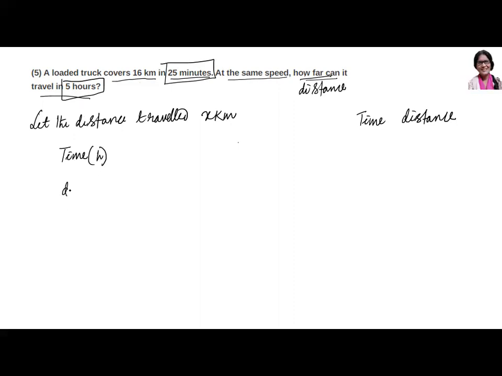Next is distance in kilometers. If you notice, the first is in minutes, so I have to convert into hours by dividing by 60. And here the distance traveled is 16, and here the time is 5. Here the distance is not given, I have taken X. So these two ratios will be equal.